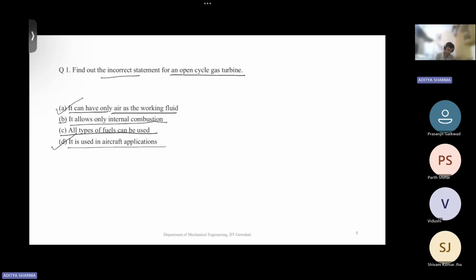So I believe options B and C will be correct. Though I have given B also, I believe it will be B and C.